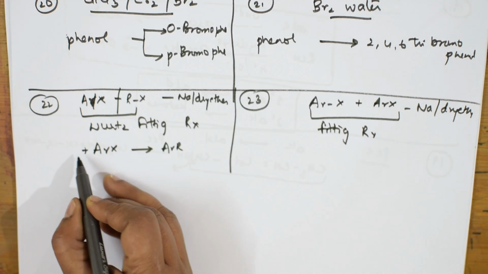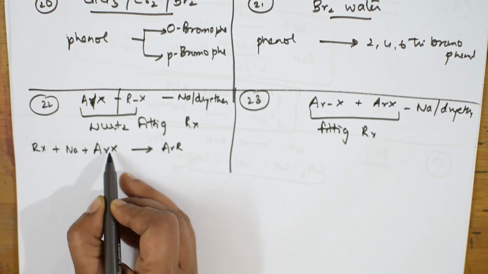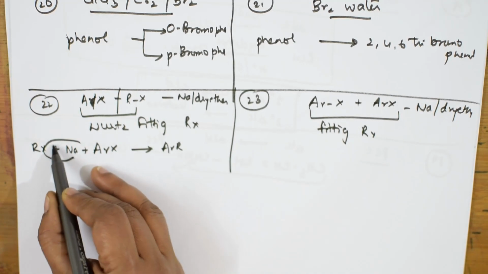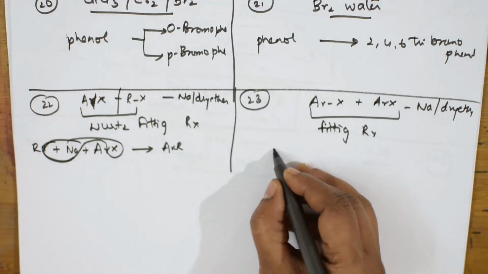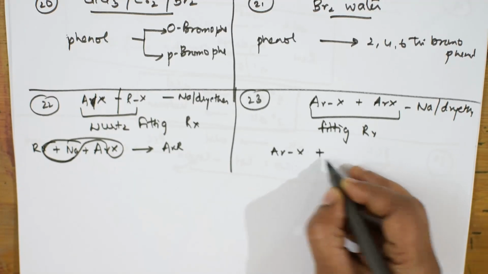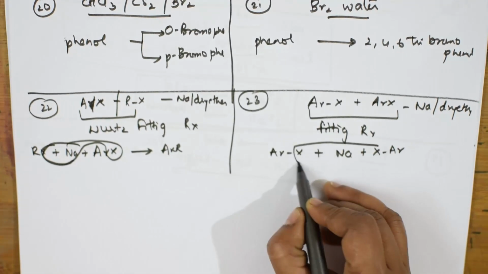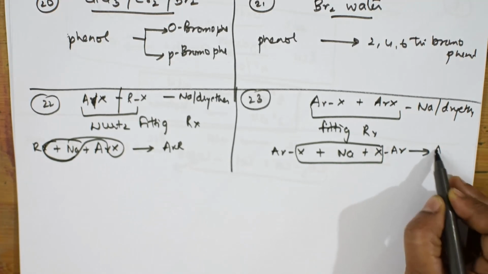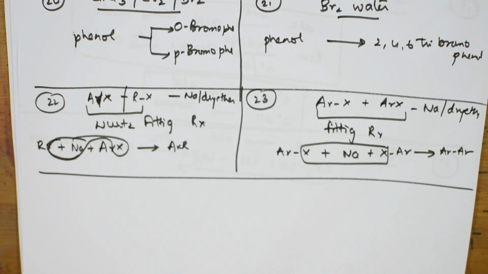Na, dry ether plus RX. This comes out as NaX, and you get Ar linked. Here in this case, aryl halide, sodium plus aryl halide, in this way you take out NaX, you get 2 aryl rings linked. Done? So this is the Wurtz-Fittig reaction, and this is the Fittig reaction.